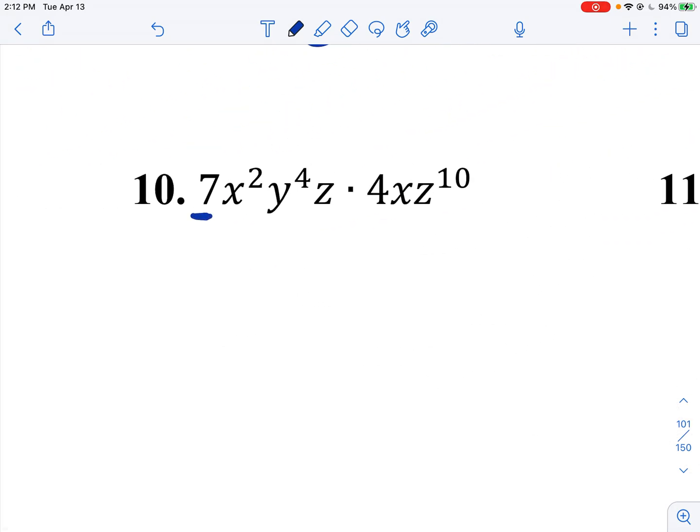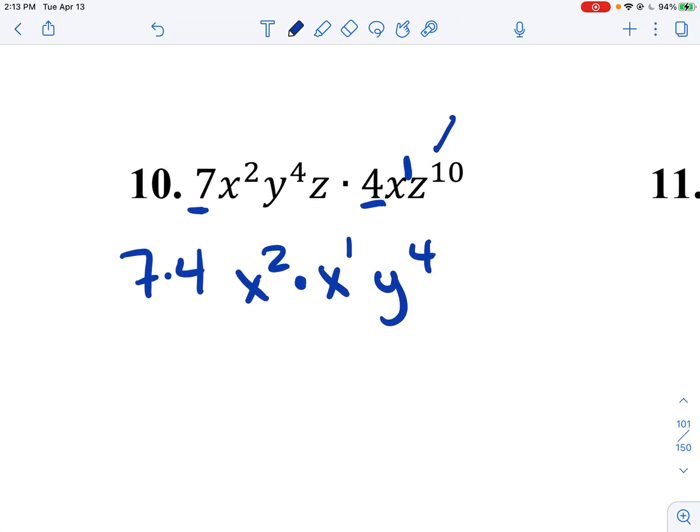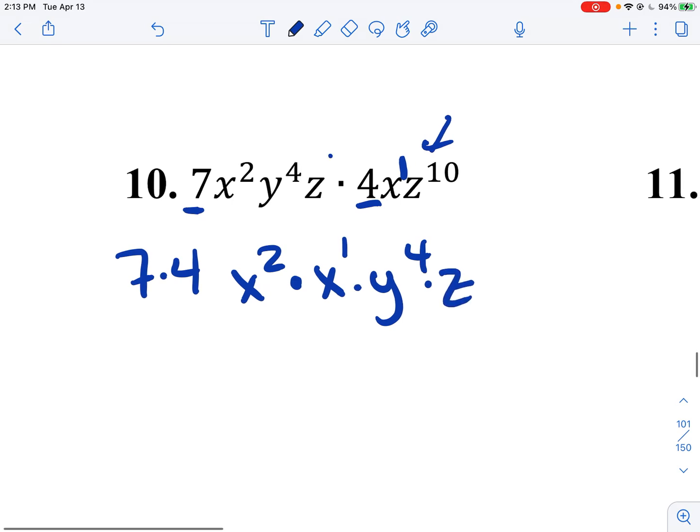Down here, I have a 7 and a 4, so 7 times 4. Then I have an x squared, and remember that has a 1, so x to the 1st. Then we have a y to the 4th. There's no y on this one right here. There's no y there, so I don't need to write anything down. Then I have a z. Look right here.